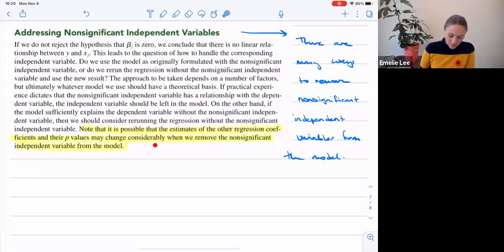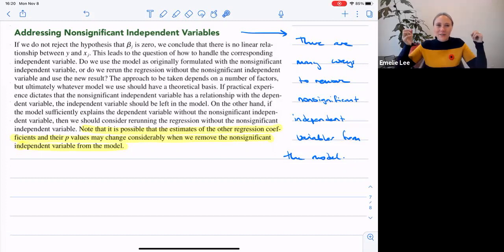And so that's something to keep in mind, is that if you remove even a non-significant variable, maybe it's carrying some weight or it's carrying some information. And then when you remove it, the other variables are left to carry the load, right?